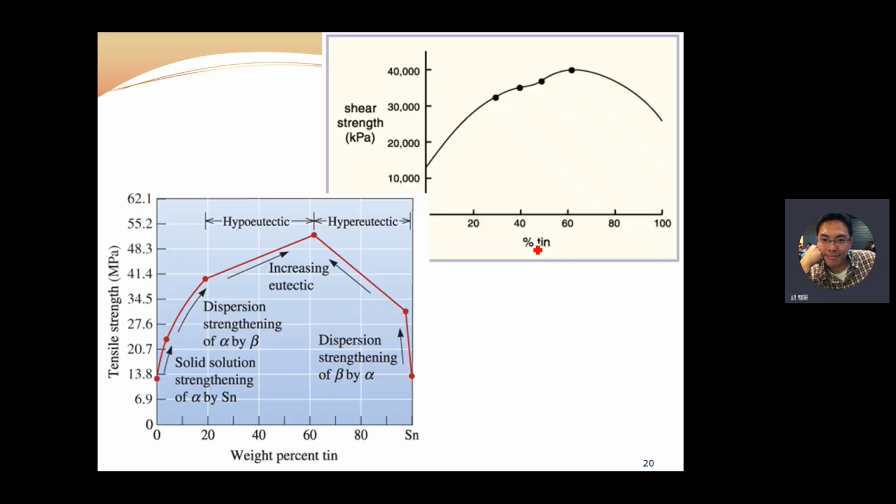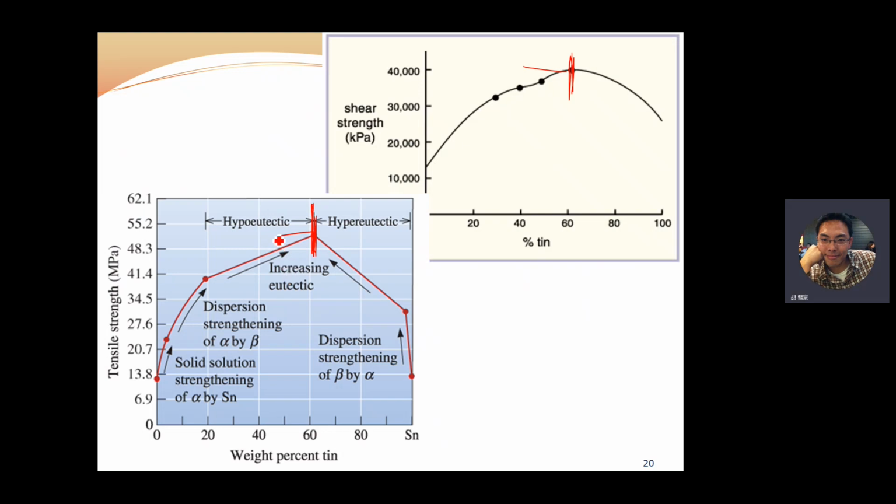Okay, and we can find the conclusion that the eutectic reaction at specific composition has the highest mechanical property, including the shear strength and the tensile strength.